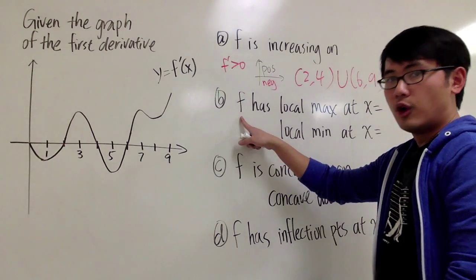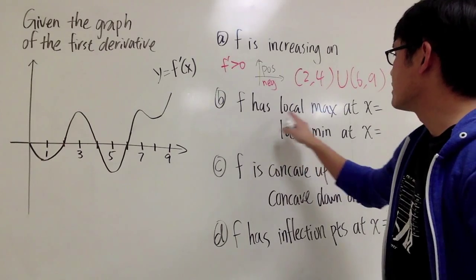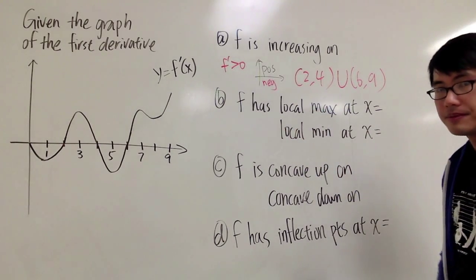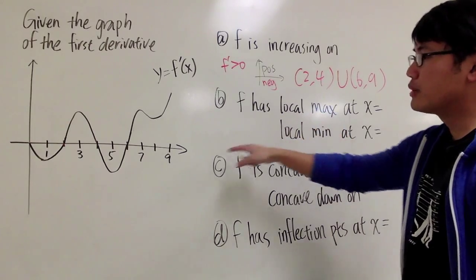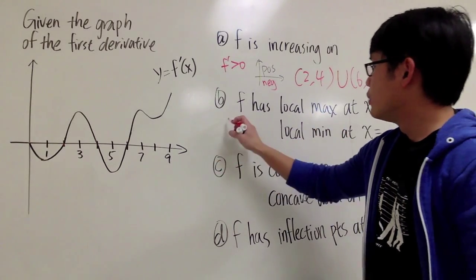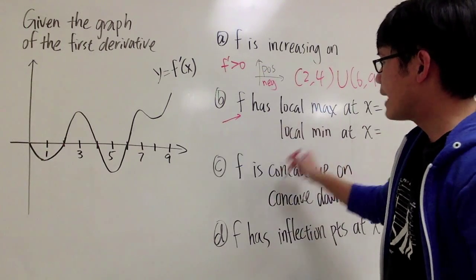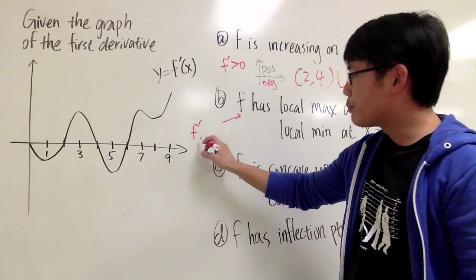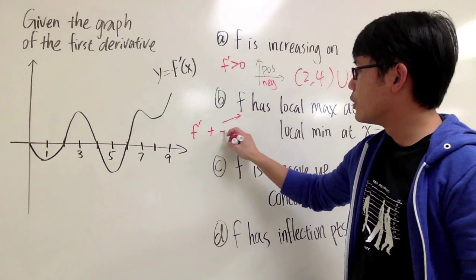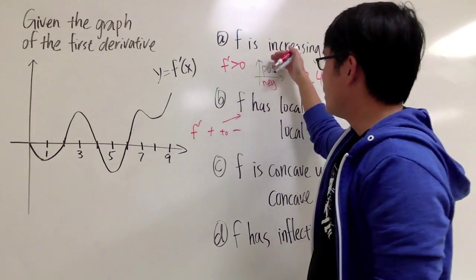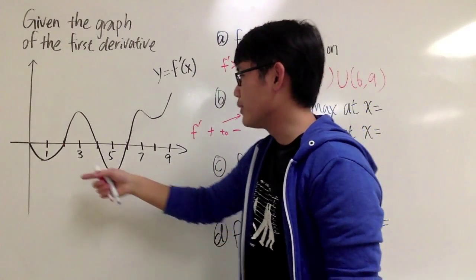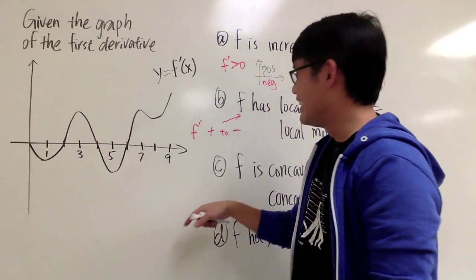Okay, for the second one, we are looking for where f has a local maximum. How can we determine the local max by looking at the derivative? Remember, for the local maximum, what we need is f prime changes from positive to negative, in another word, above the x-axis to below the x-axis.